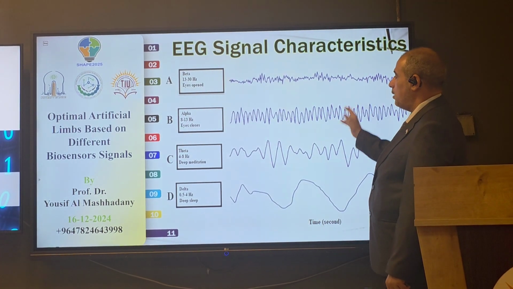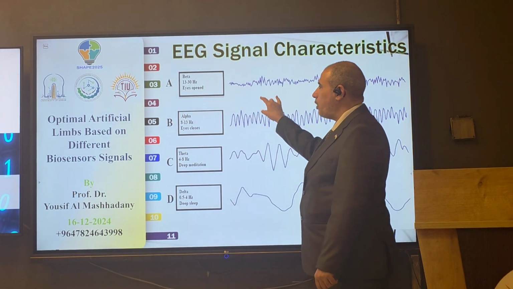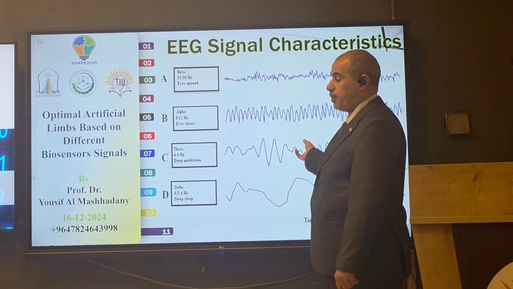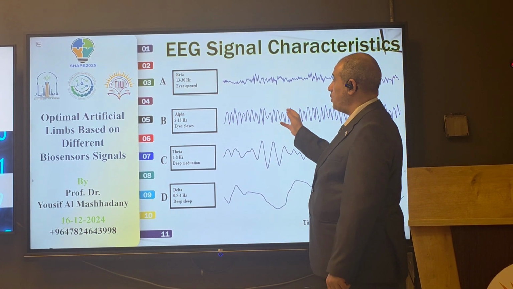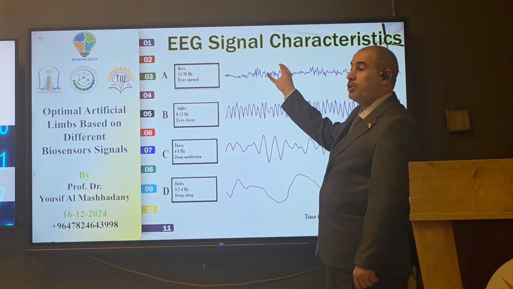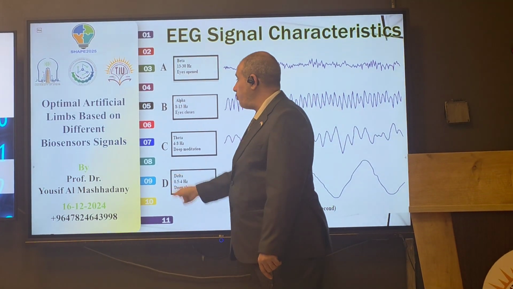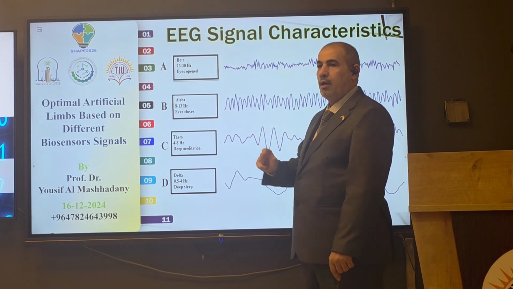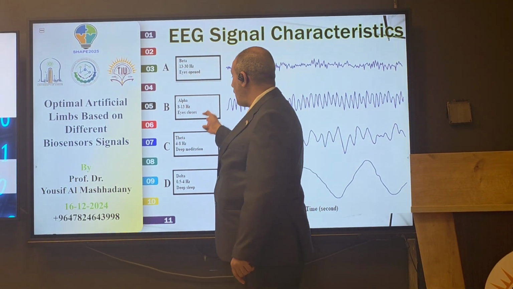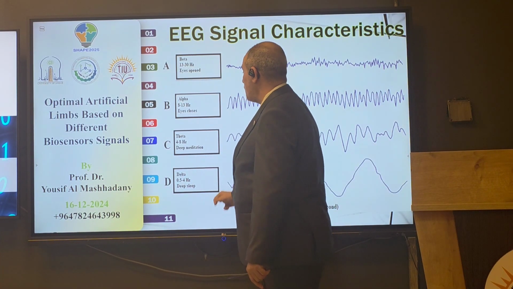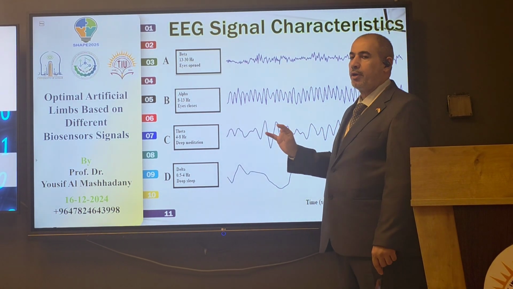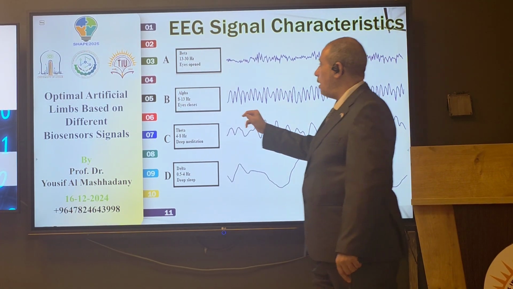The category of EEG signal is more complex than EMG signal because the feature extraction from EEG is according to the range of frequency: beta, alpha, theta, and delta. This forms the category for EEG signal.